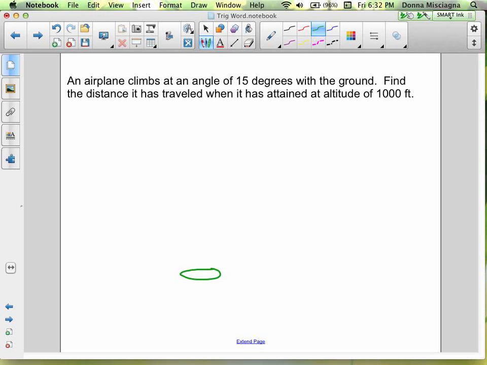All right, so here is our mighty fine airplane. It is climbing, which means it is going in the air. Now, when airplanes travel, they do not travel on the ground. There's a problem if your airplane is traveling on the ground or it hasn't taken off yet. Once it takes off, they travel in the air.